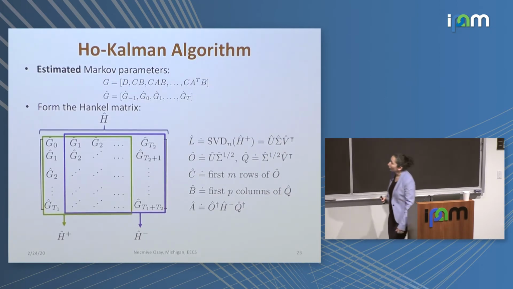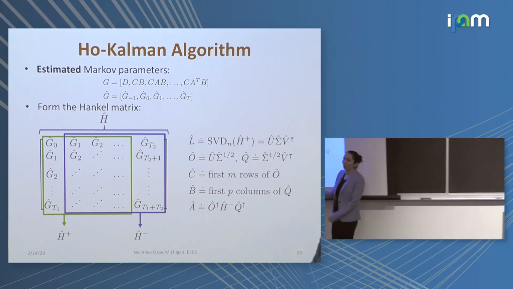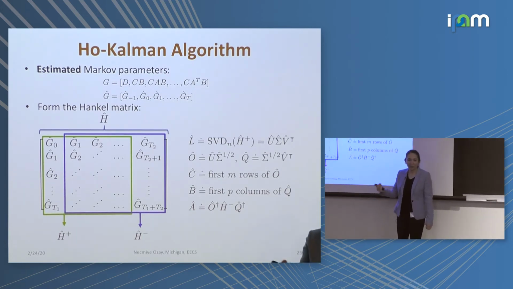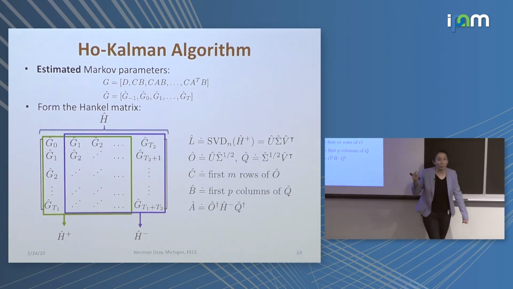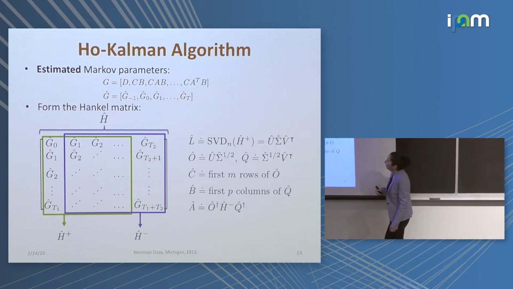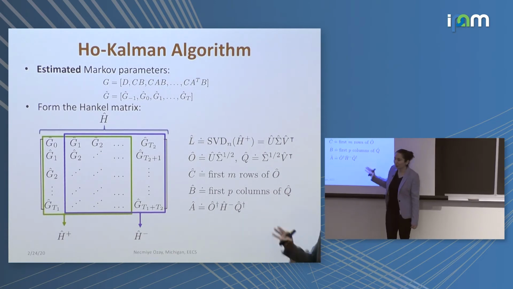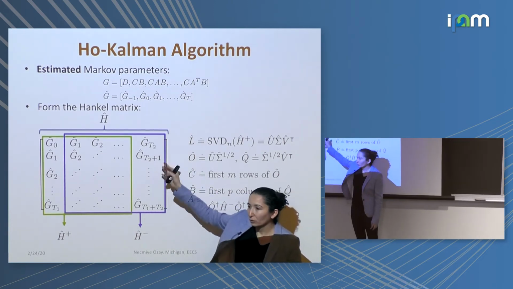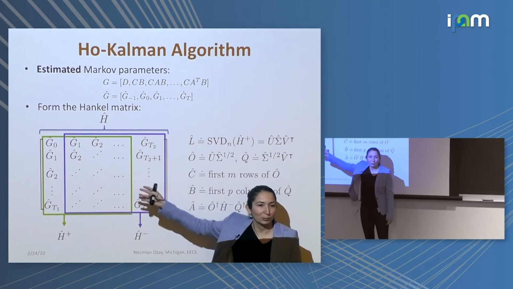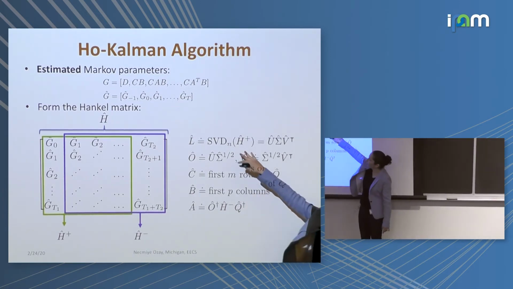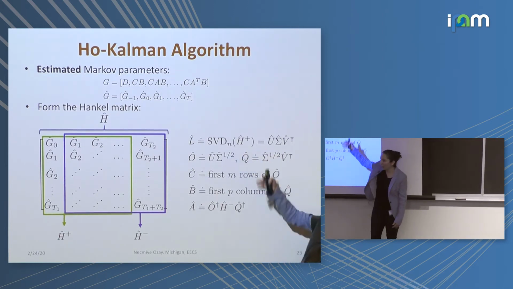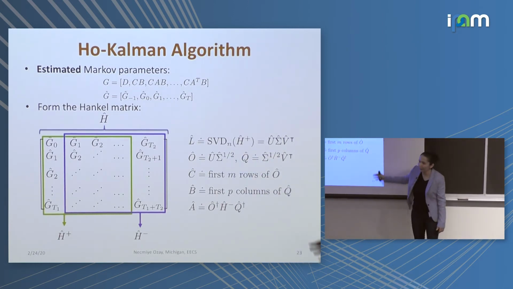Okay, so that was what you would do if you had exact Markov parameters, but we said we will estimate these Markov parameters, so they won't be exact. But we will do more or less the same procedure. Instead of the true Markov parameters, I will just plug in whatever estimates I have. Now, instead of an exact SVD here, I will do the truncation, and I will do the same thing.